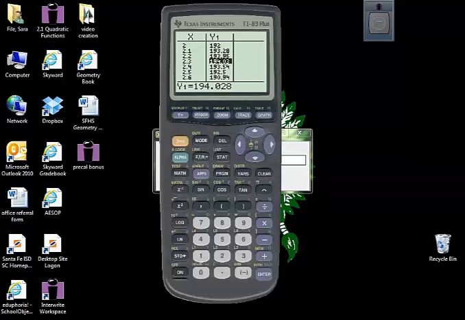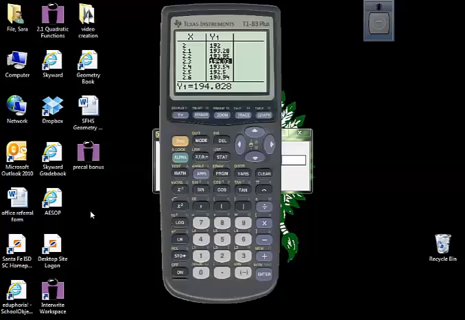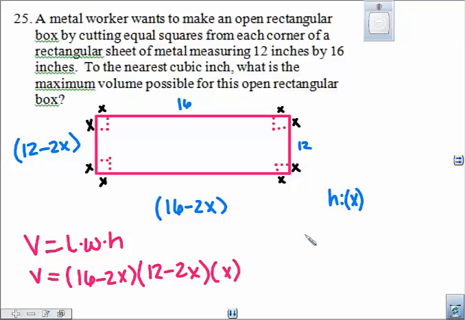If you go back and read the problem, they're asking for the nearest cubic inch, so it doesn't have to be the exact decimal. The nearest whole number is what they're asking for. So back on the calculator, that value is 2.3, 194.03.